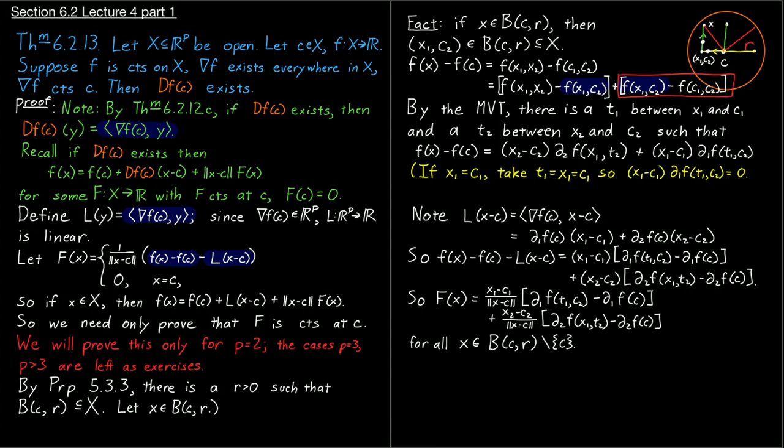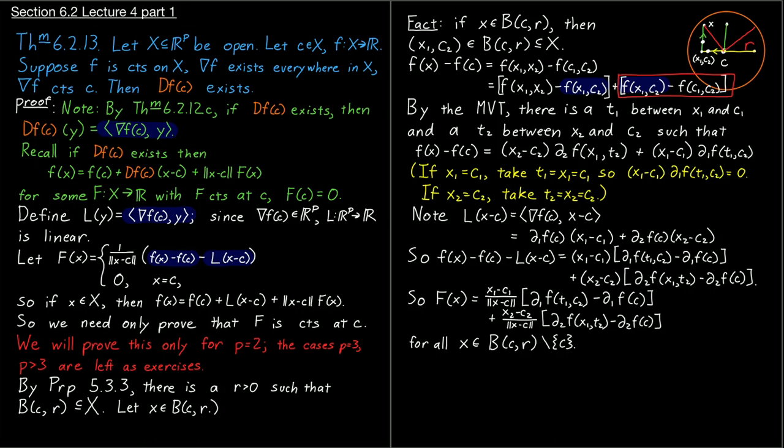If x1 is the same as c1, those are indeed the same thing. And similarly, we can take t2 to be x2 and c2. So this formula is true even in these very special cases where you can't technically apply the mean value theorem.